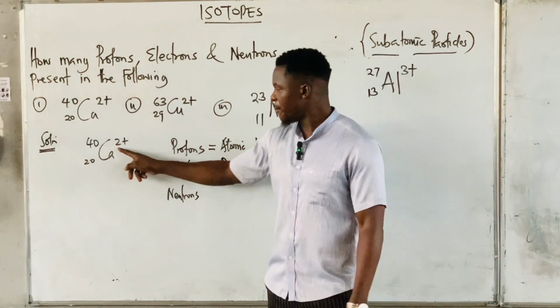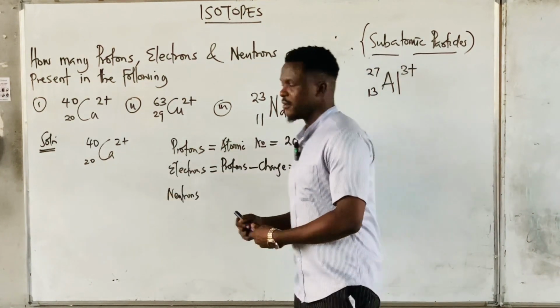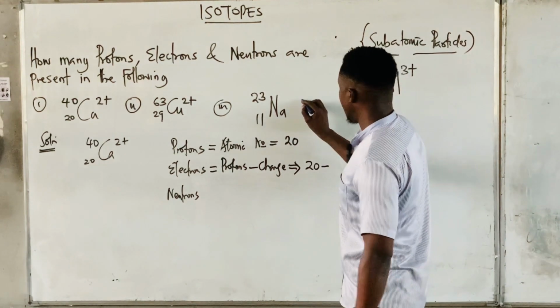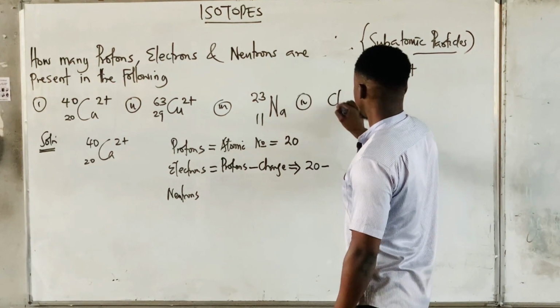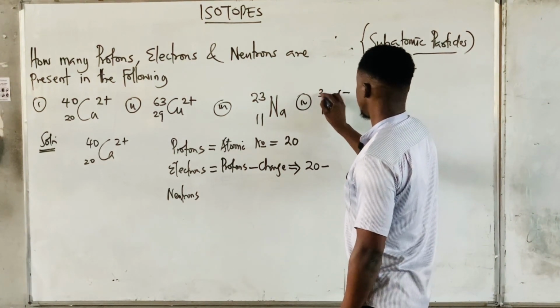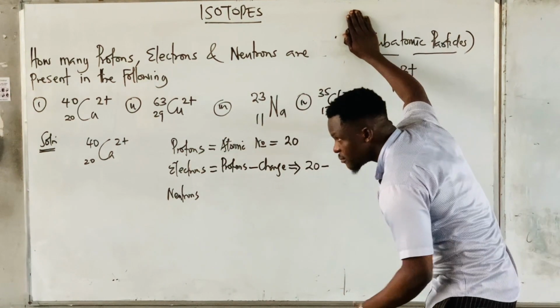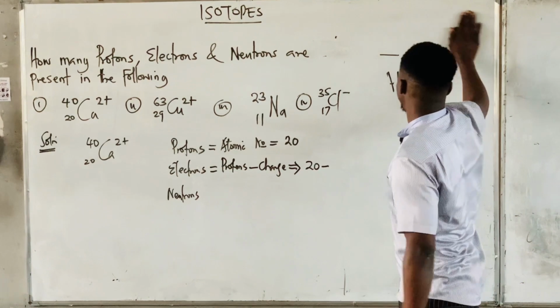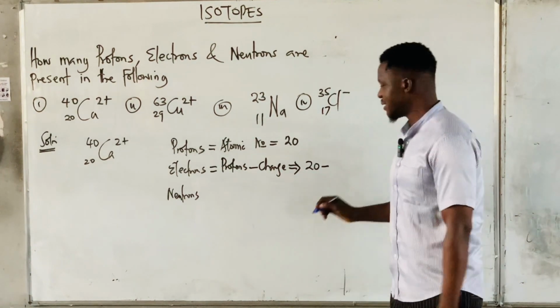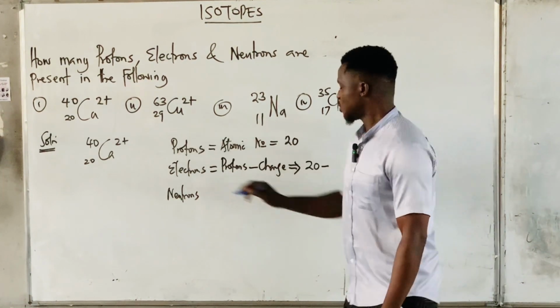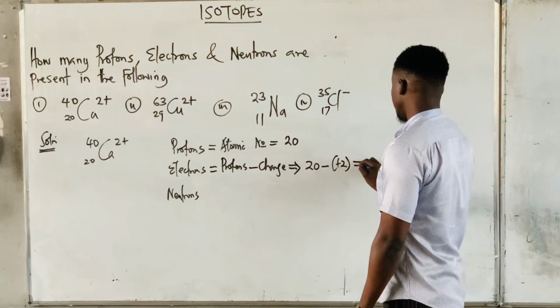Please, the charge on this compound is this plus 2 here. So this becomes 20 minus plus 2. So plus 2. This is 18.